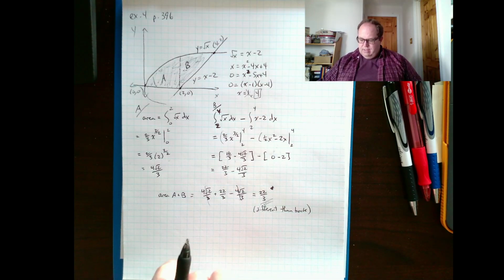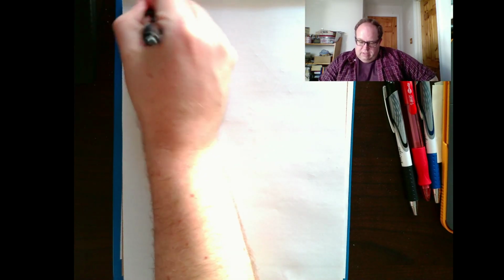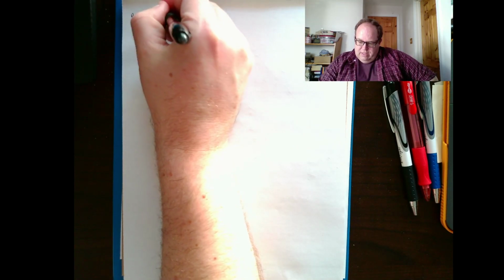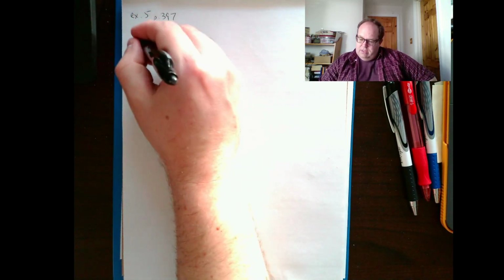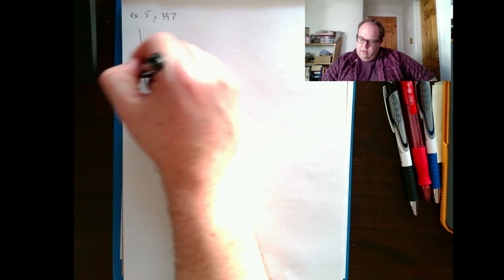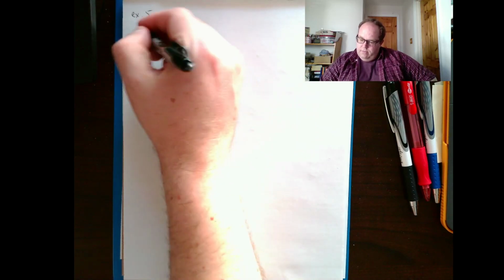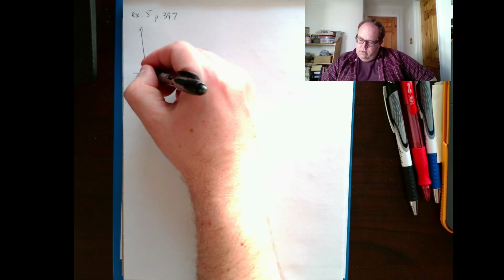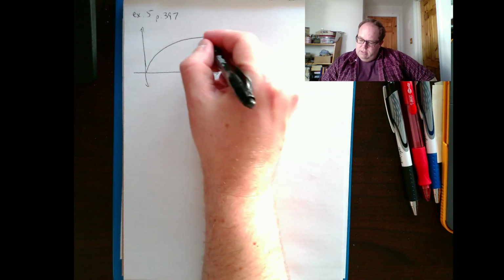Now, the last thing that I will mention is that you can actually integrate over your dependent variable instead of your independent variable if it makes life easier. And I'm going to work off that. This is example 5, but it's dealing with the same area that was in example 4. So this is my setup.